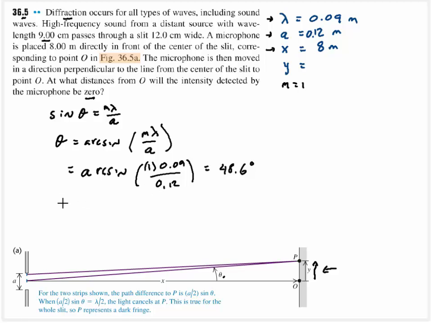Now just a little bit of trig, we can see that y is going to be equal to x multiplied by tangent theta. So it's simply going to be equal to 8 meters multiplied by tangent of 48.6, and this distance is going to be plus or minus 9.07 meters.